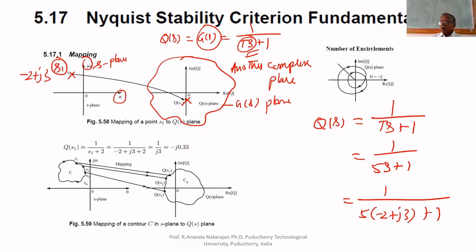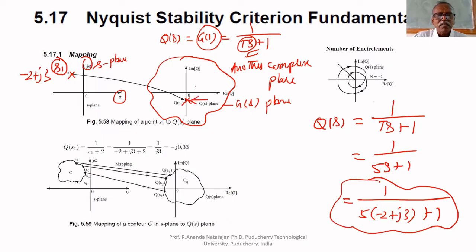To convert this into complex number, you will multiply the numerator and denominator by the complex conjugate so that the denominator becomes a real number and the numerator becomes a complex number. That and all you know. So anyhow, what we know is that this is a complex number. This complex number is this Q1. S1 is substituted in Q. You got a complex number Q1.